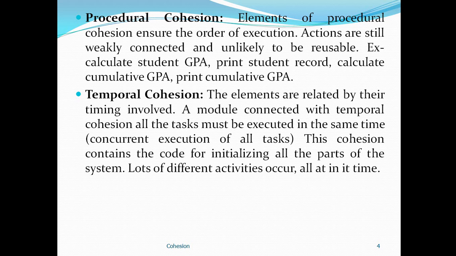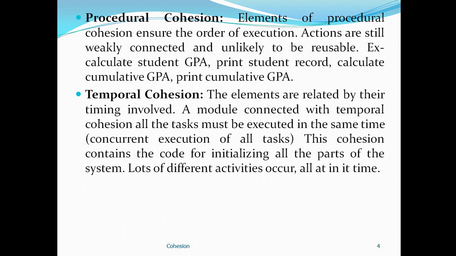If we are doing one task and want to perform some other task, it is not permitted. However, if we are copying a file and want to share the file simultaneously, that is non-procedural. In procedural cohesion all tasks are in procedure, in linear order.